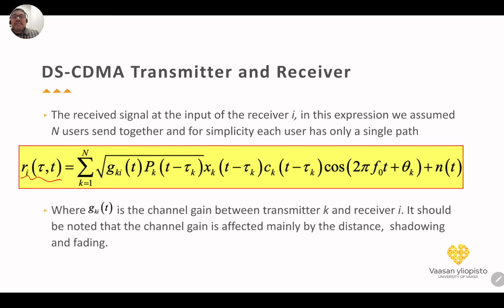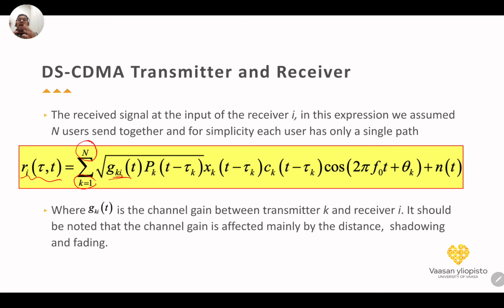You can see that this is the received signal, and this is the channel gain for user i. You can see that k is from 1 up to n, where n is the total number of transmitters.